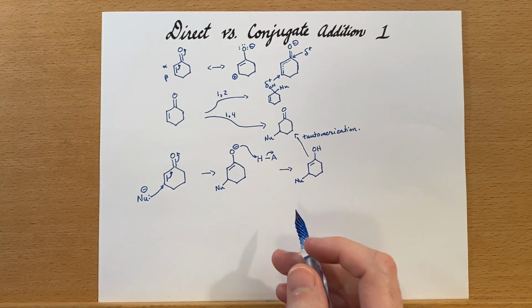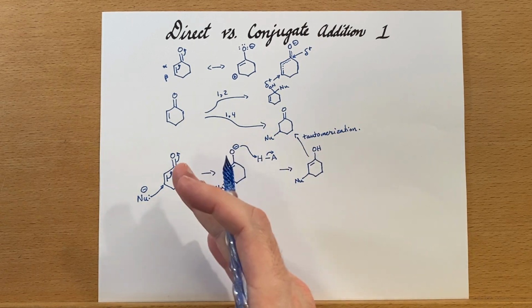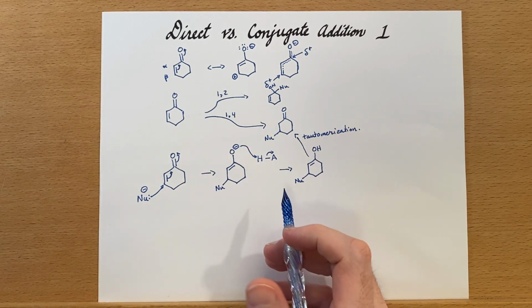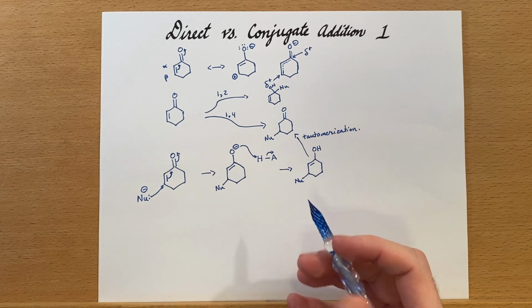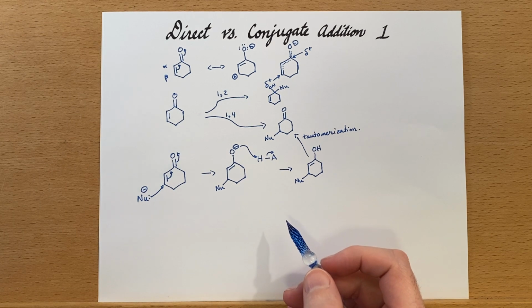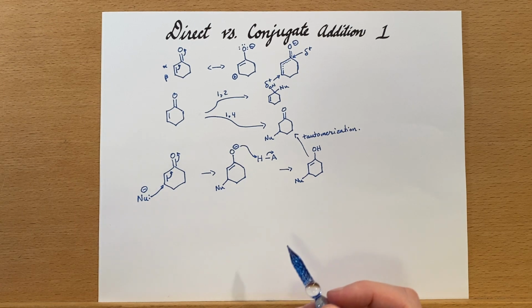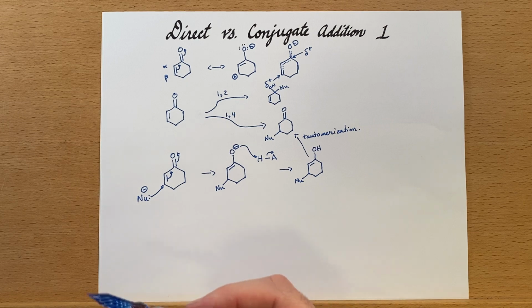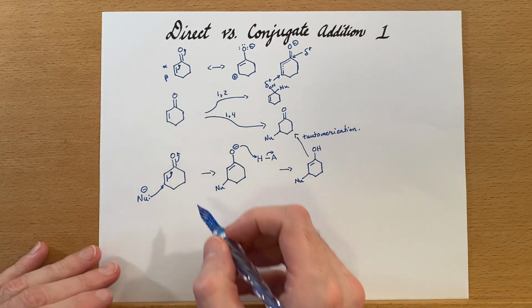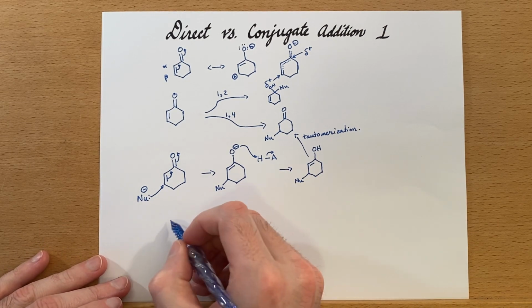Now, what makes it go one way or the other? Well, if I have a reversible reaction, it's going to go 1,4 addition. And if I have an irreversible reaction, it will go 1,2. I'm going to explain some of the factors behind why one of those is favored over the other. So I'll just write that down here.